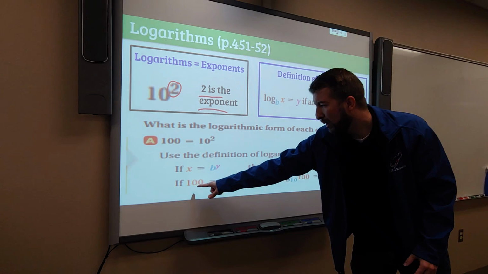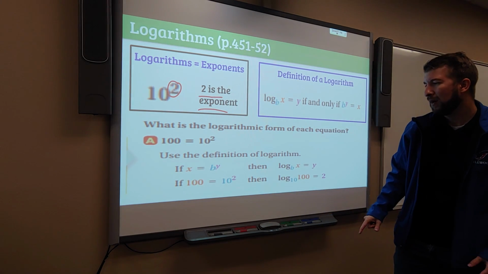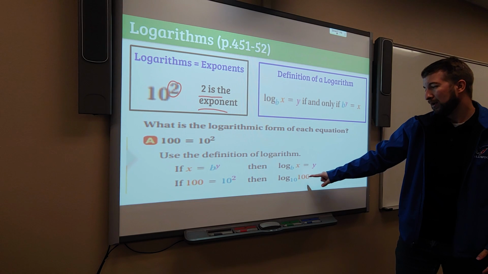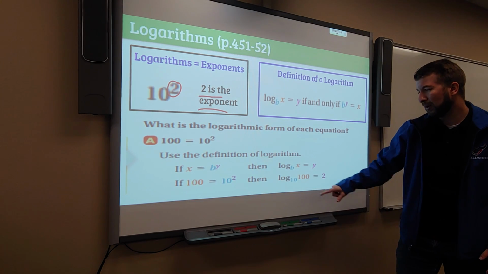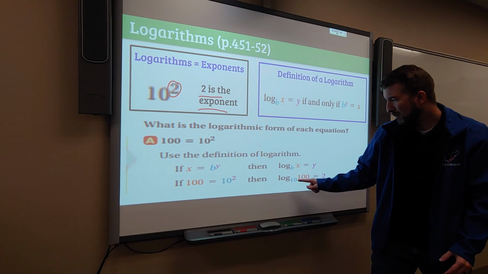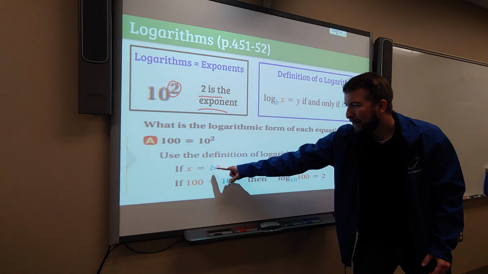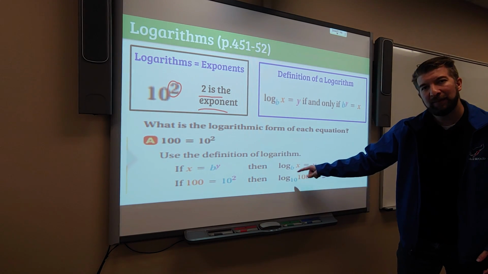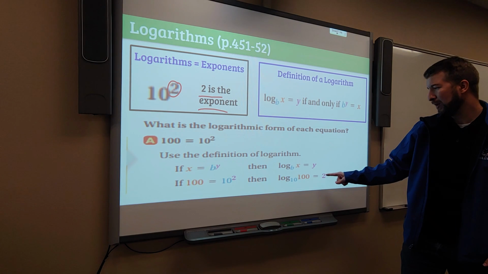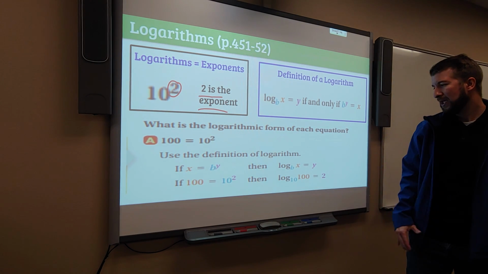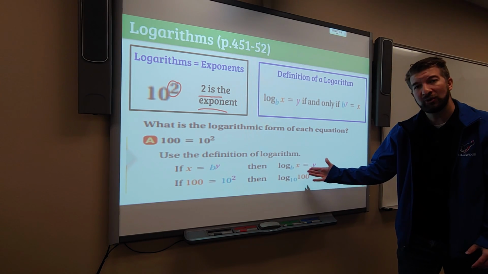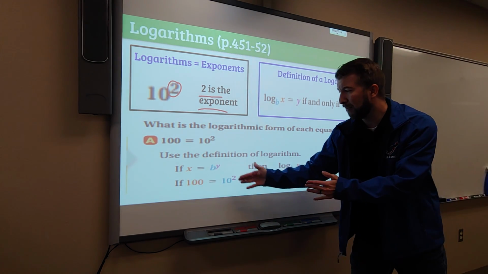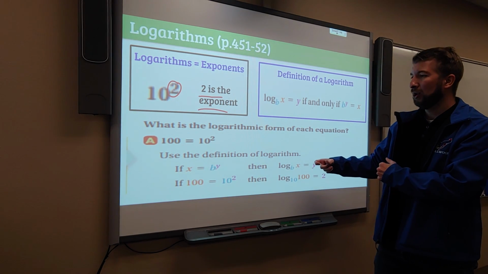When we plug in the numbers, our 100 is going to stay right there as a big number. We add the word log, and the b, which was the base of 10, moves down to the base, and the 2 and the x switch. So we'd say log of 100 base 10 equals 2. You're just paying attention to the numbers and plugging them in correctly.